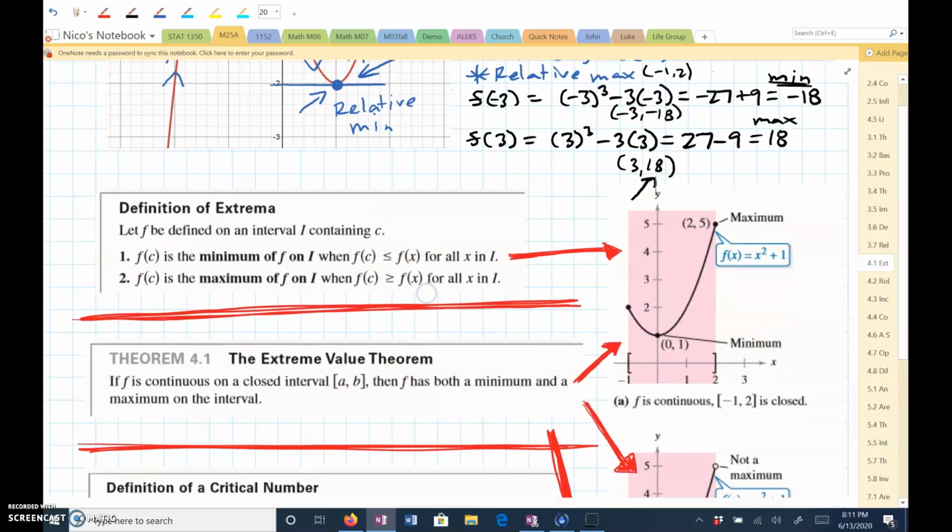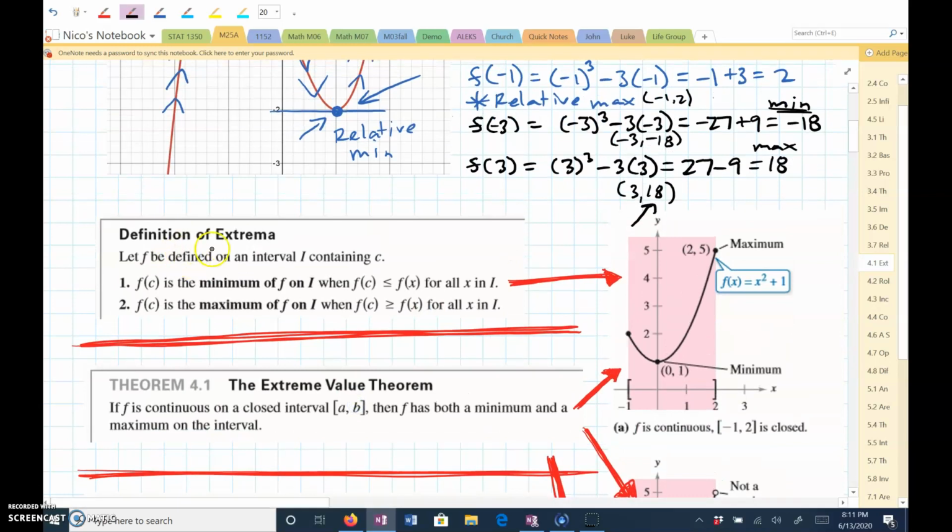All right, so let's look at some definitions here. Definitions of extrema. Let f be defined on an interval I containing c. Okay, so extrema is either a max or a min.